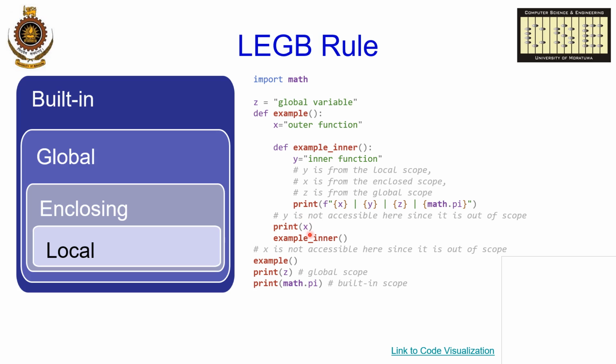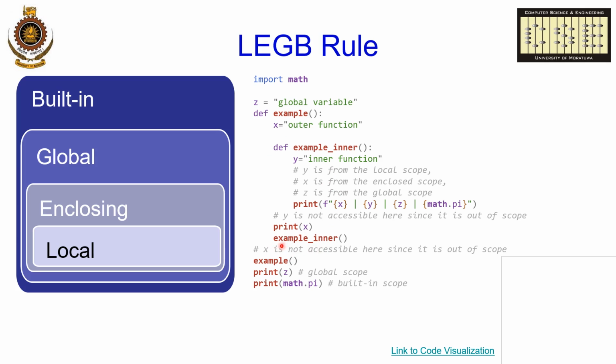However, if you go just outside, beyond the scope of the inner function, you can print x because x is in the local scope of that example function in which we are typing print x. However, from this point, y is not accessible because y is in the inner function, so it's not visible to the outer function.